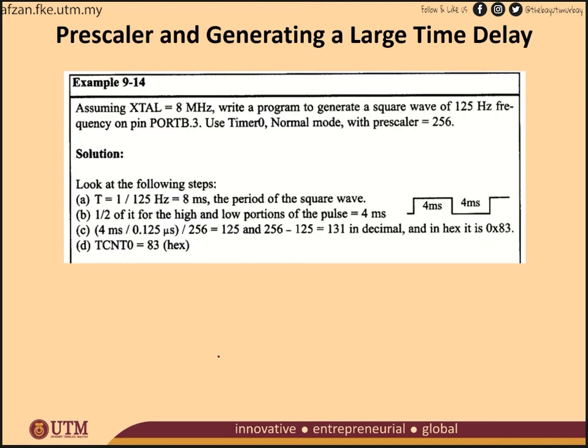Let's look at another example. Assuming that Xtal is still equal to 8 megahertz, write a program to generate a square wave of 125 hertz frequency.